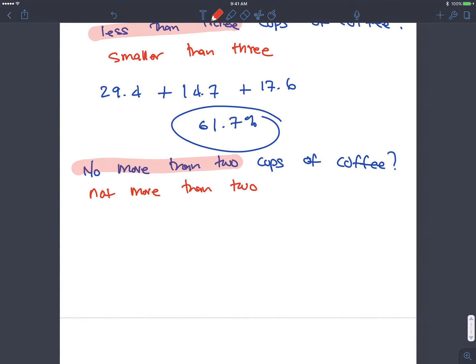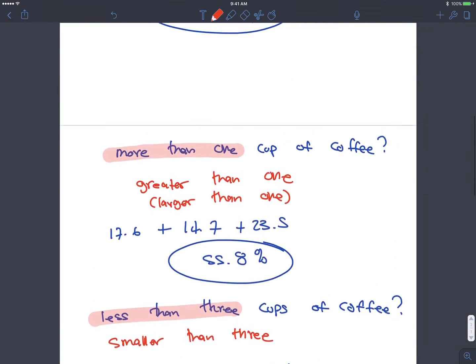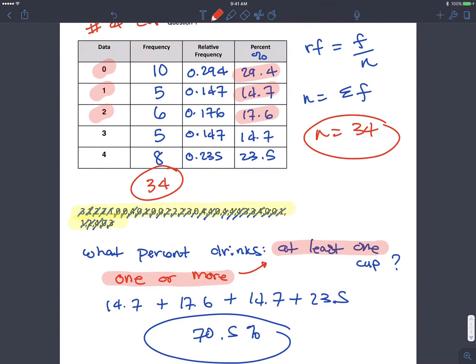This really means 2 or less. So not more than 2 means 2 is the max. 2 is the limit. So we're talking 2 or less.